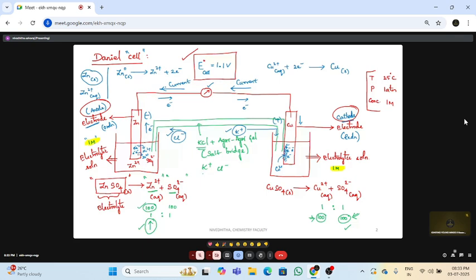Also, here I told you the standard cell potential was 1.1 volt. If the metals are zinc and copper, then the value is 1.1 volt, which is a standard one. But if we have two different metals other than zinc and copper, or if you connect zinc or copper with some other metal, then the value will definitely not be 1.1 volt.